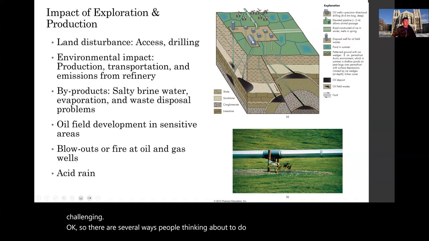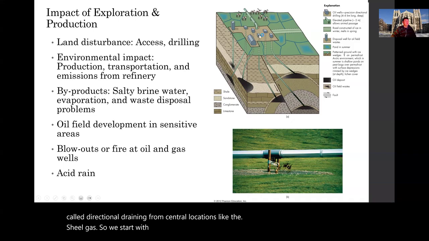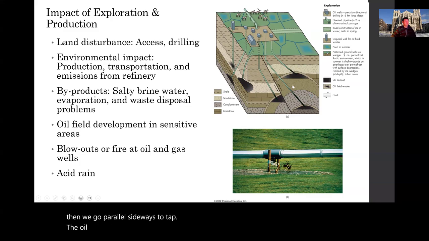For example, one is what's called directional drilling from central locations, like shale gas. We start with a centralized site, only one site of drilling. Then we go deep, then go parallel or sideways to tap the oil field, minimizing the amount of drilling at different sites.